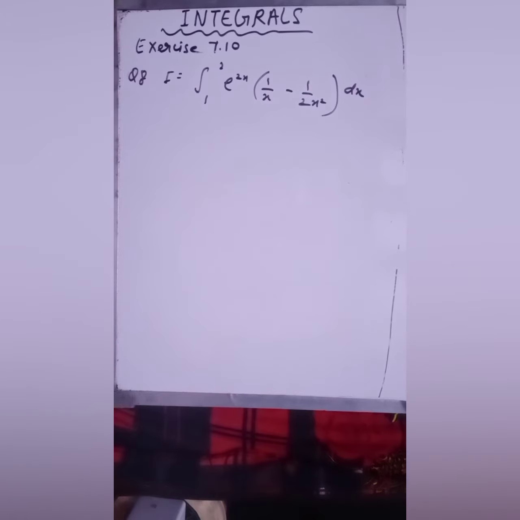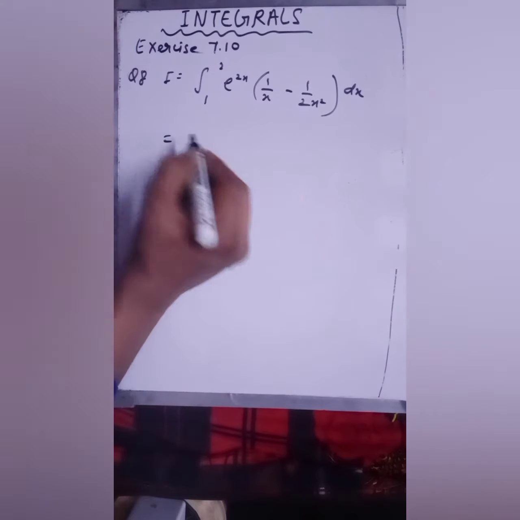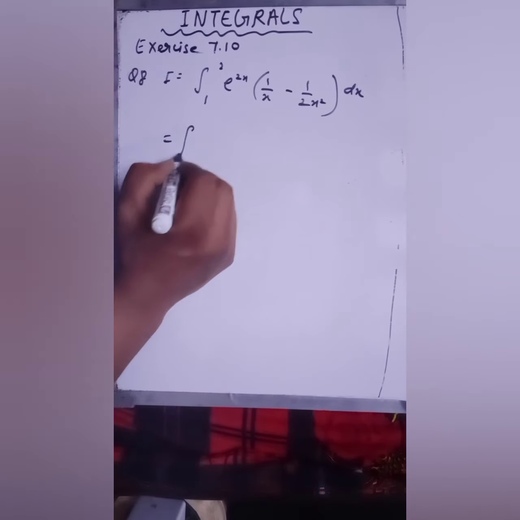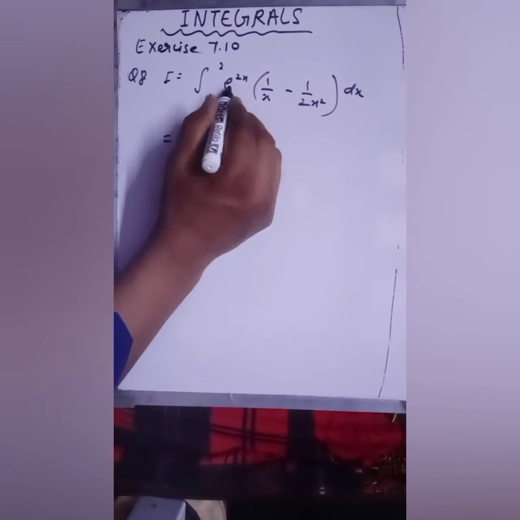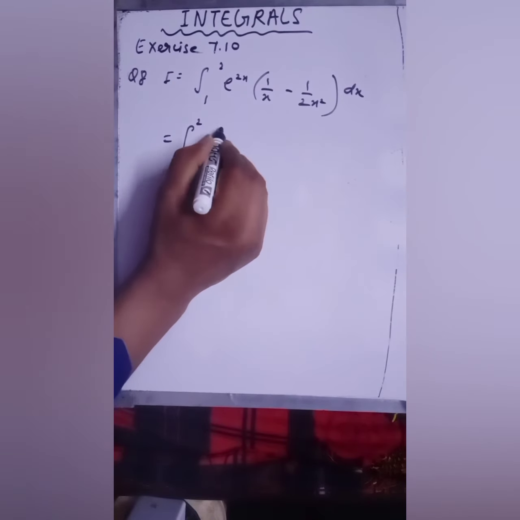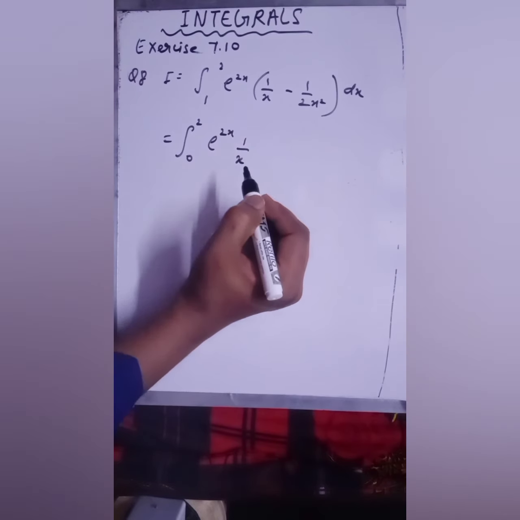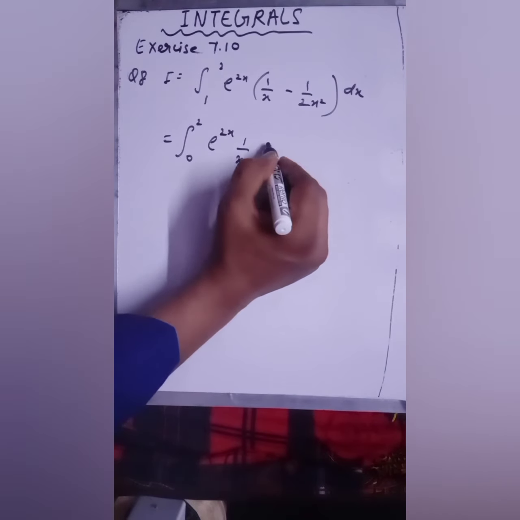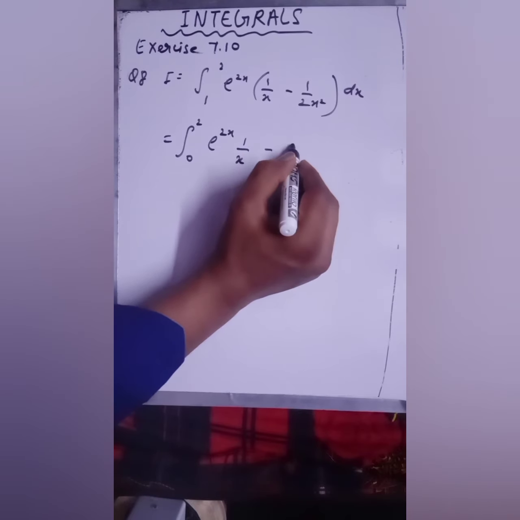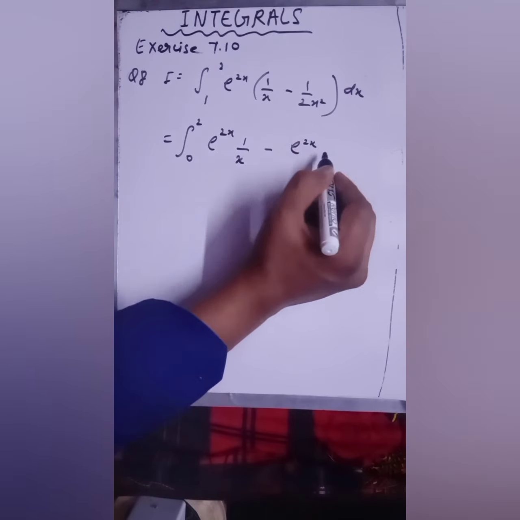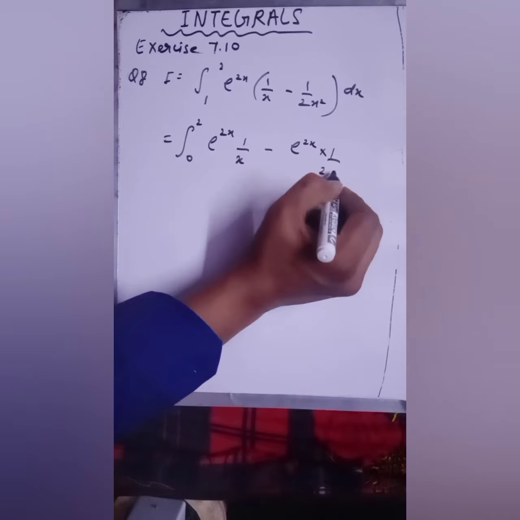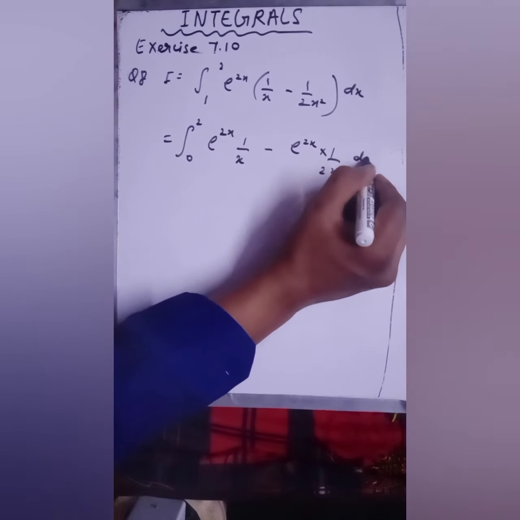Got it? That is equals to integration, limit 1 to 2, of e raised to power 2x into 1 by x minus e raised to power 2x into 1 by 2x square, into dx.